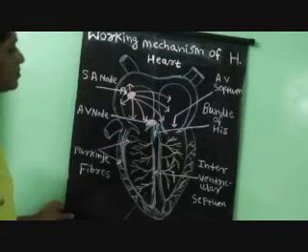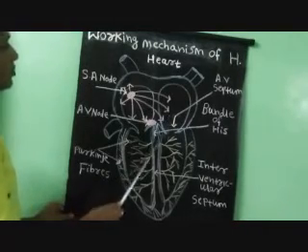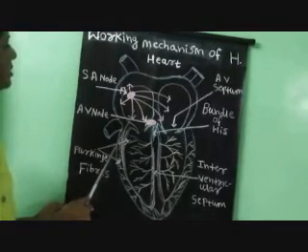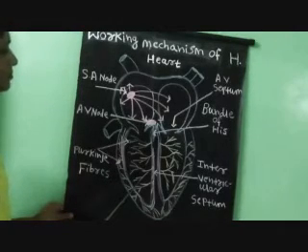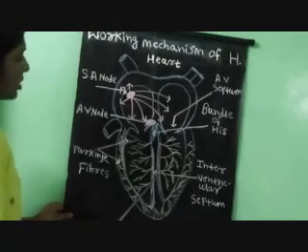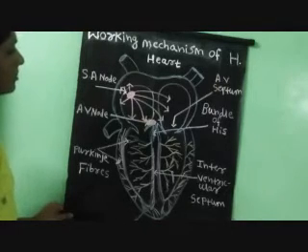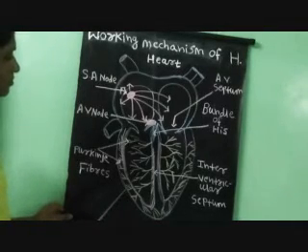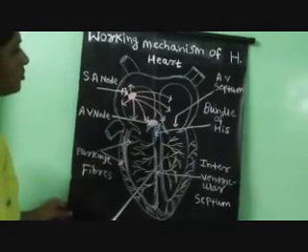In this way, oxygenated blood goes from left auricle to left ventricle and deoxygenated blood from right auricle to right ventricle, and during ventricular systole, oxygenated blood from left ventricle and deoxygenated blood from right ventricle travels toward body.